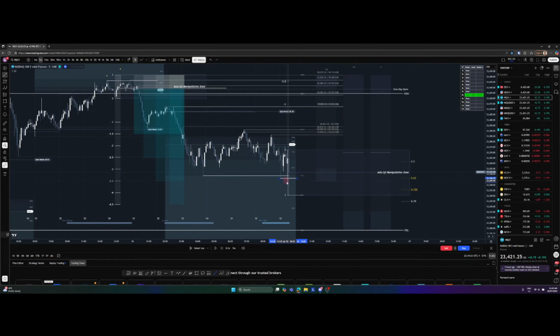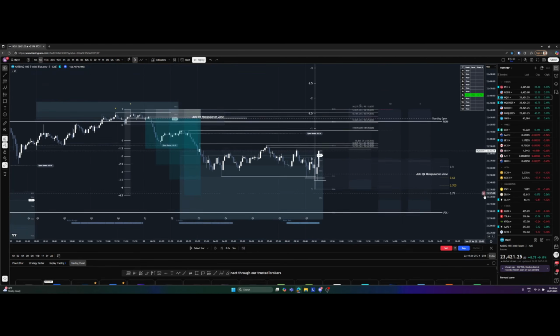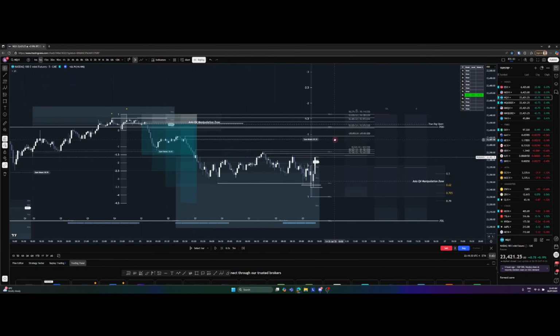We then get 2 additional sweeps. And now we want to get in on our zone. So we had our change in state of delivery. We're building our displacement. Get our long positions.